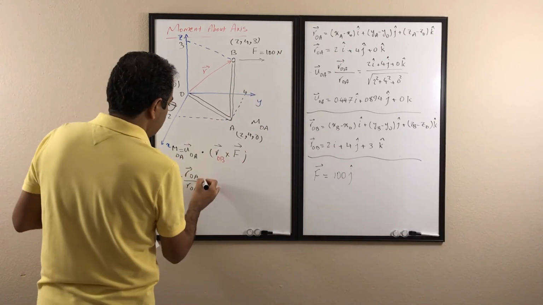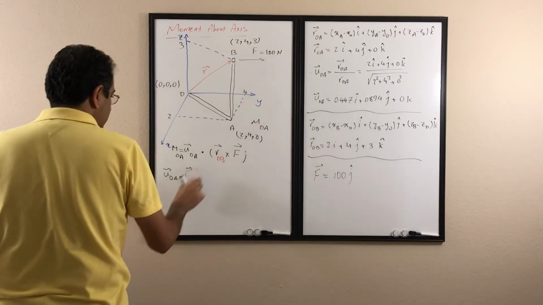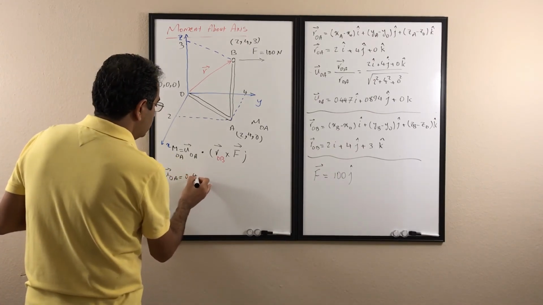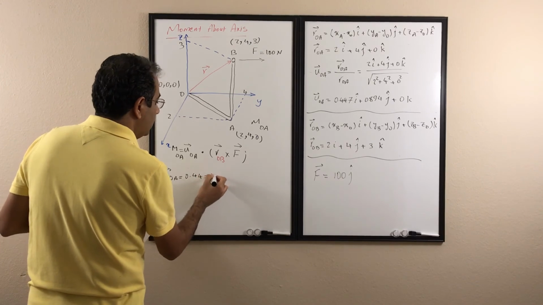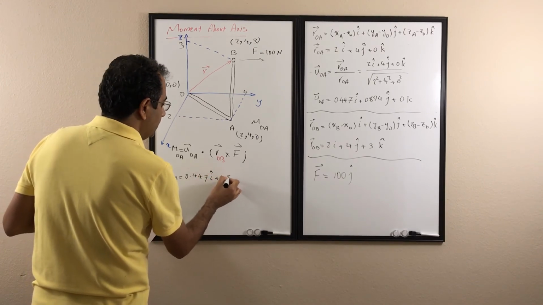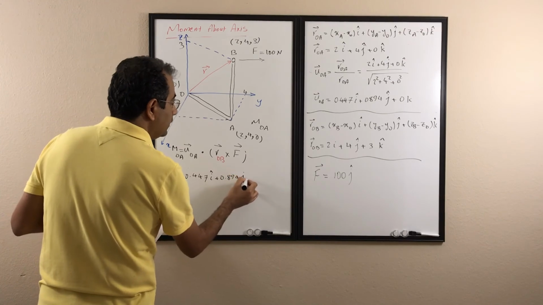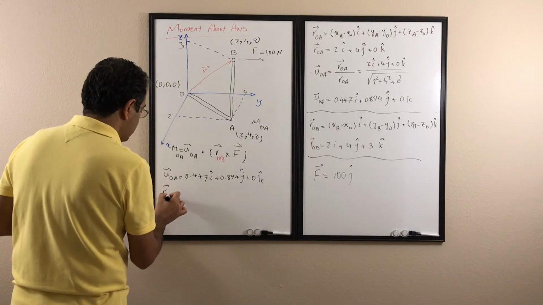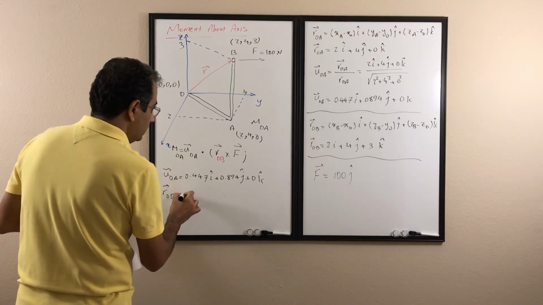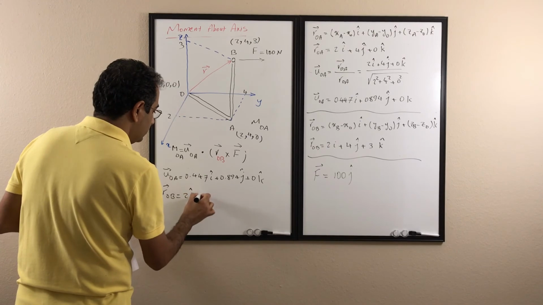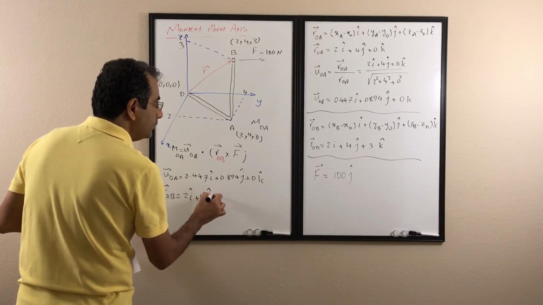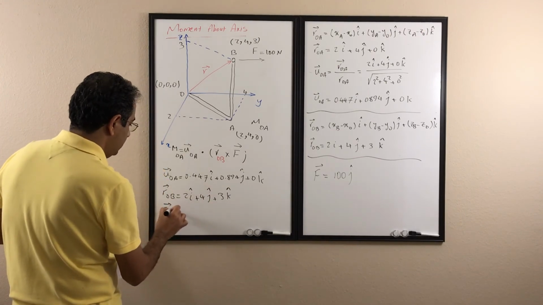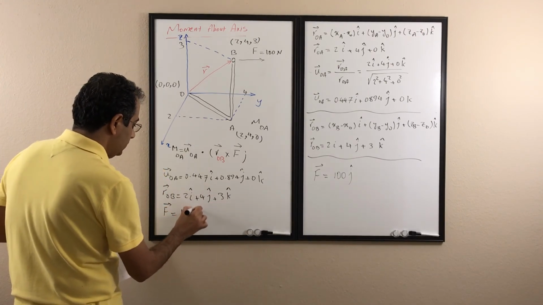So the unit vector that I have is 0.447 I plus 0.894 J plus 0 K, and the ROB is 2i plus 4j plus 3k, and F is 100j.